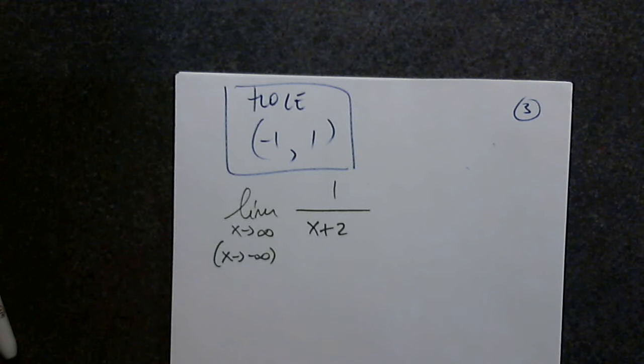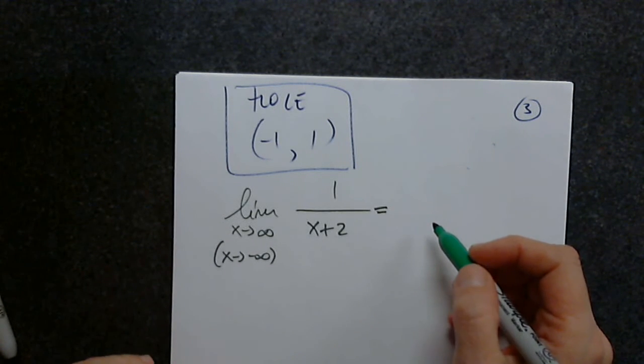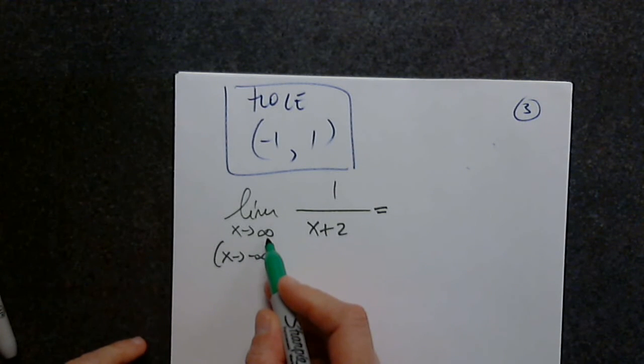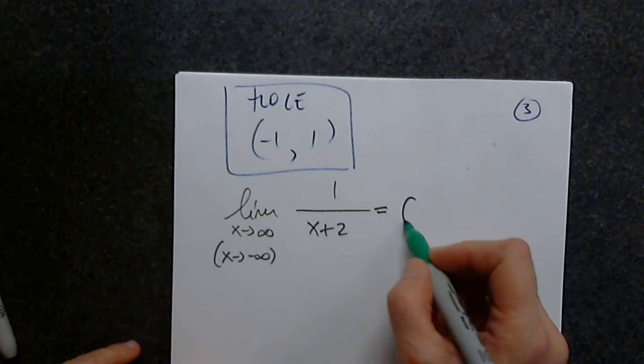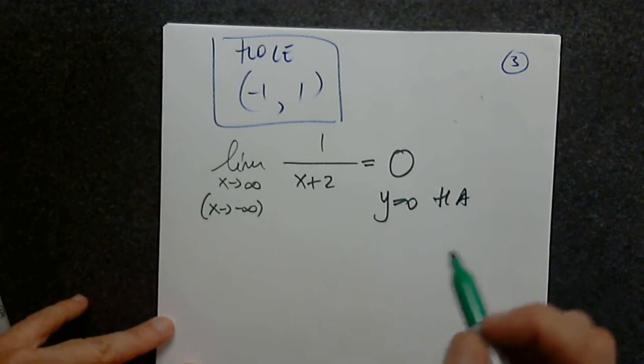For rational functions, there is only one horizontal asymptote. I can't have one on one side and a different one on the other. So the answer is, excellent, 0, which means y equals 0 is the horizontal asymptote. Done.